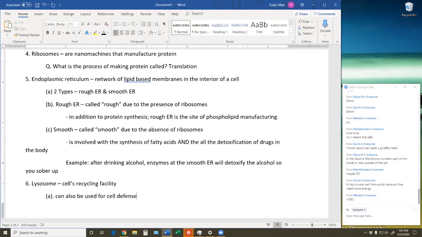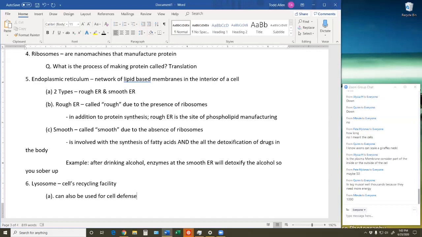For example, if a virus or a bacterium tries to infect the cell, the cell will attempt to run the virus through the lysosome as a wood chipper and destroy it. Now, obviously, it's not always successful, because we still get sick from viruses.